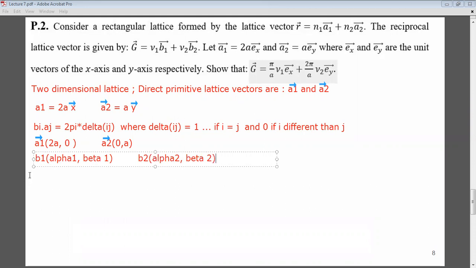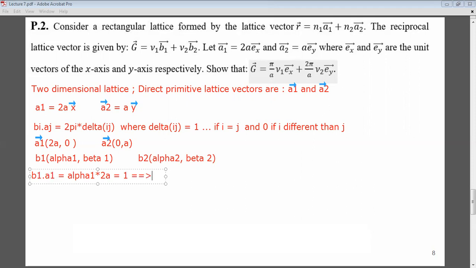So let's start with this. What is B1 dot A1? B1 dot A1 is alpha 1 times 2A plus beta 1 times 0, so it is alpha 1 times 2A. Okay, sorry, this is equal to pi times 1, because I and J here are equal.